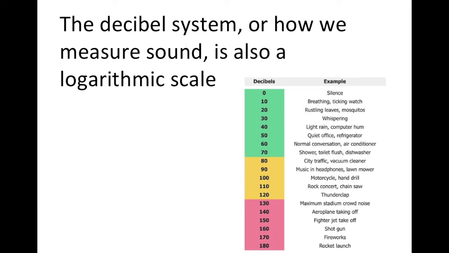Breathing is 10 times, but rustling leaves is 100 times louder compared to silence, or whispering is 1,000 times louder compared to silence. So you can see how this expands so quickly, and some things will actually end up in a really dangerous zone because they're not 180 times, they're actually 10 times 10 times 10 times 10. Okay, so as long as you get the idea that the logarithmic scale moves a lot quicker than the linear scale, you're good to go.